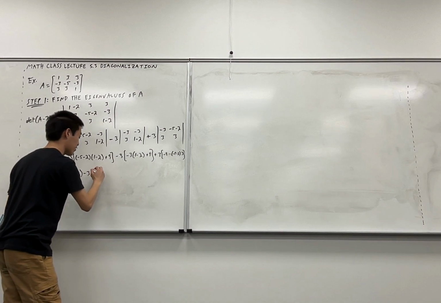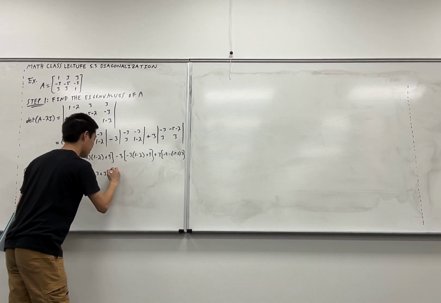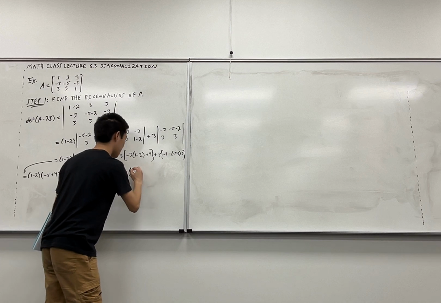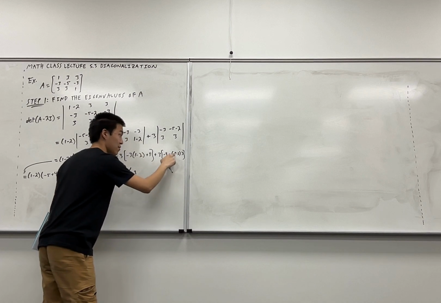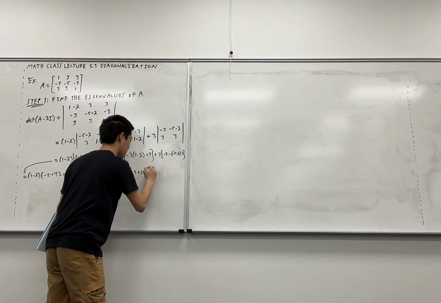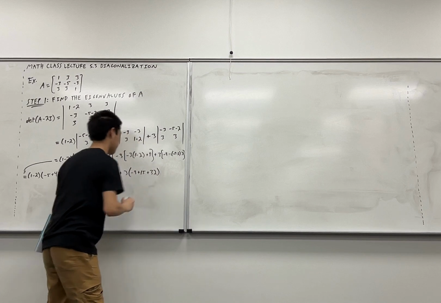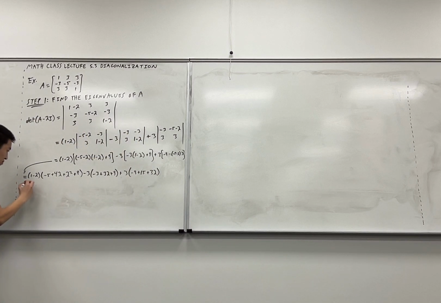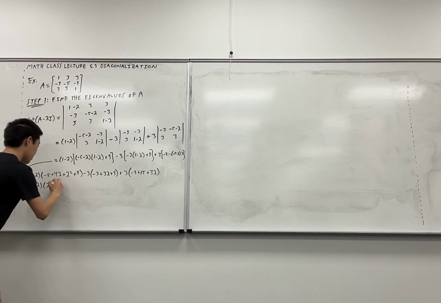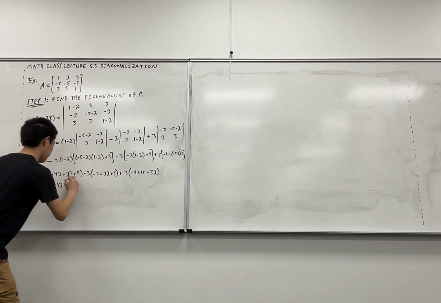Minus 3 times, and then minus 3 plus 3 lambda, plus 9, plus 3 times minus 9, and then I have, be very careful with the sign, it's negative 3 times negative 5 is positive 15, and negative 3 times negative lambda is plus 3 lambda. 1 minus lambda, lambda squared plus 4 lambda. What's 9 minus 5? 4.